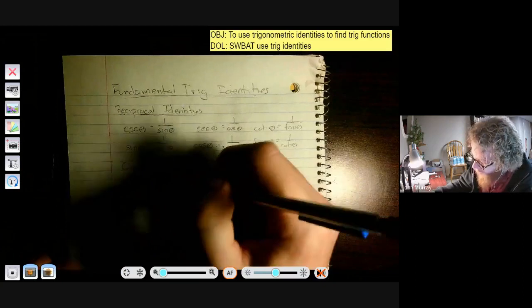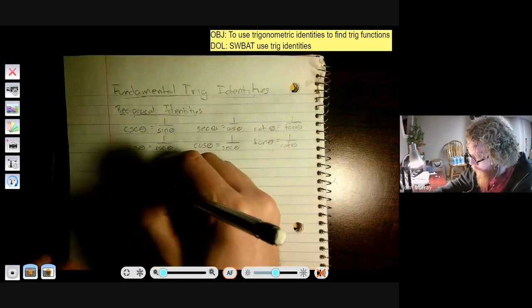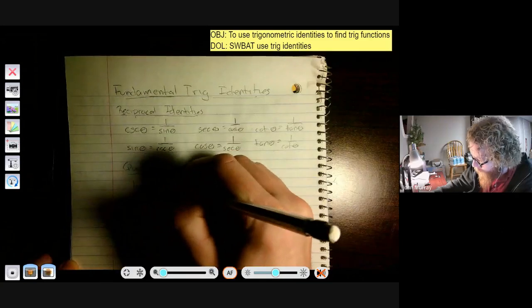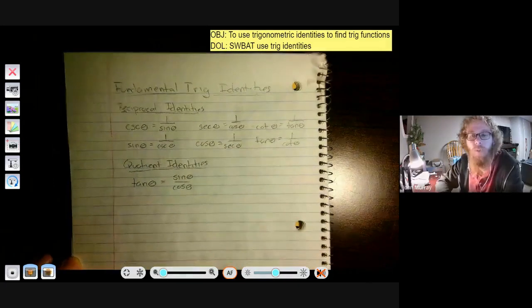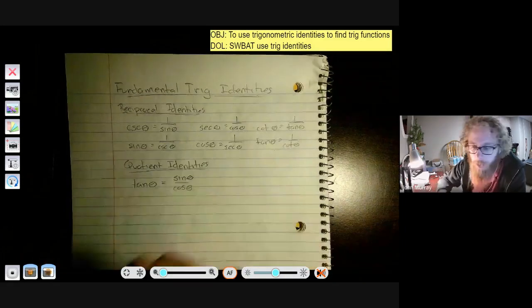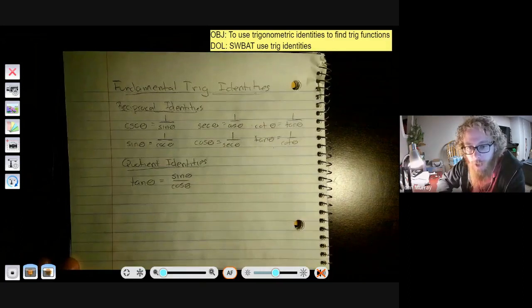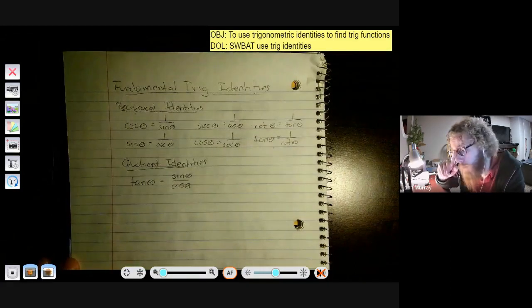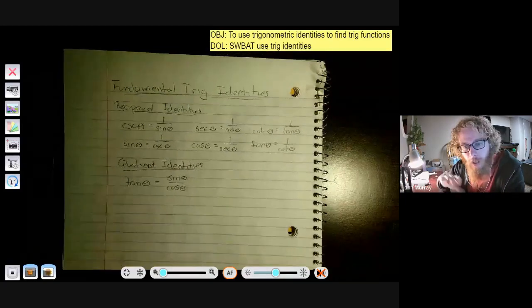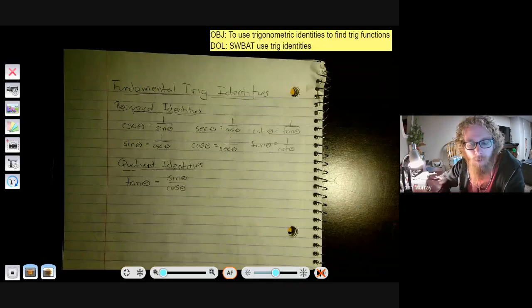Next, we have what are called quotient identities. Now, the first you should be familiar with, and that is that the tangent is equal to sine over cosine. All right, so this is a quotient, hence the name quotient identities. Now, this is where trig identities really comes into play. We can combine some of our identities to manipulate our functions, right?